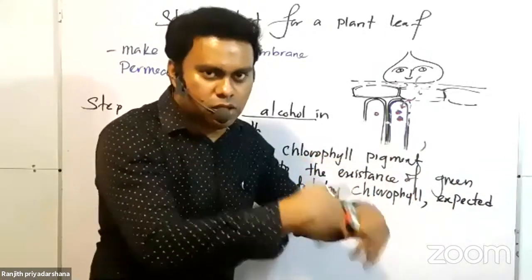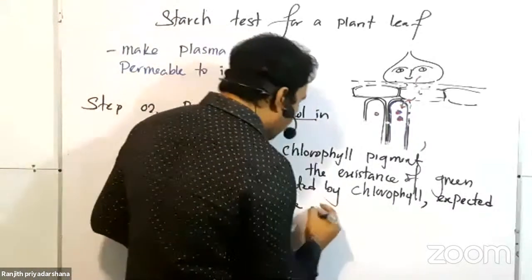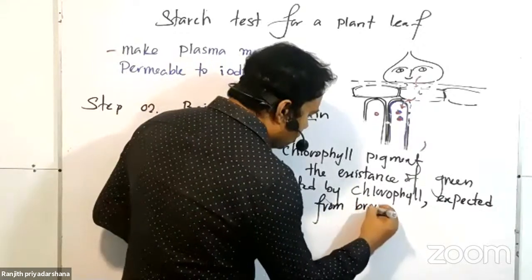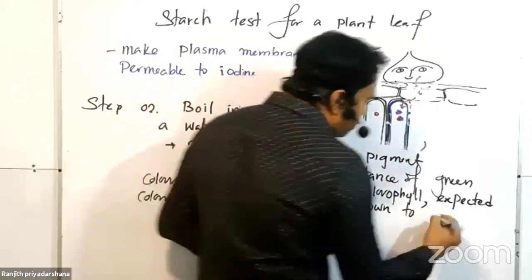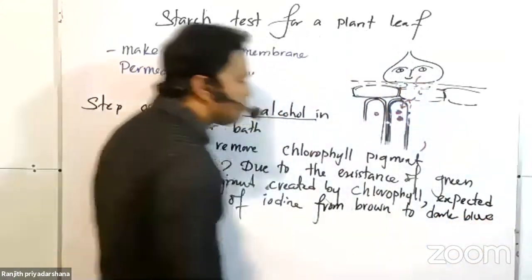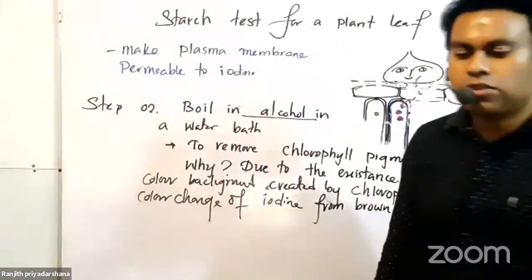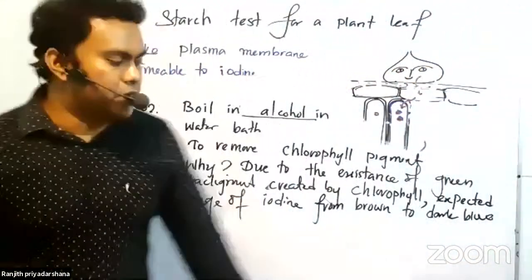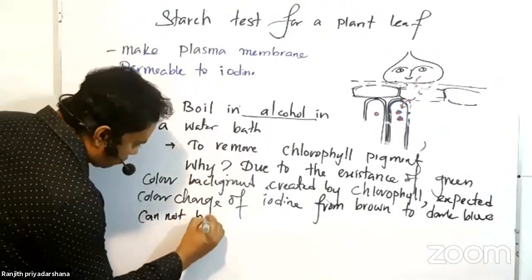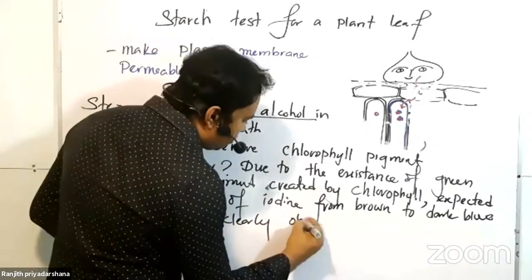Expected color change of iodine from brown to dark blue. පැහැදිලිව නිරීක්ෂණය කළ නොහැක. Cannot be clearly observed.